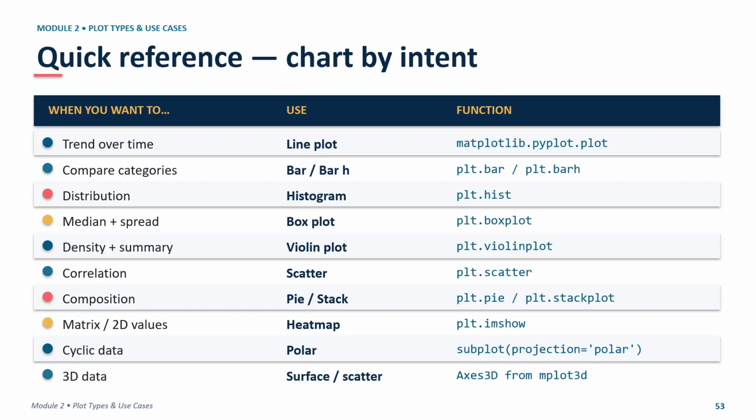So almost we have done all the charts under the Matplotlib library, and this is a quick reference that you can always have. For a trend over a period of time, go for a line plot; for comparing categories, bar chart; for distribution, histogram; for median and spread, box plot; for density and summary, violin plot; for correlation, scatter plot; for composition, pie or stack chart; for matrices, heat map; for cyclic data, polar; and for 3D data, the surface or scatter plot.